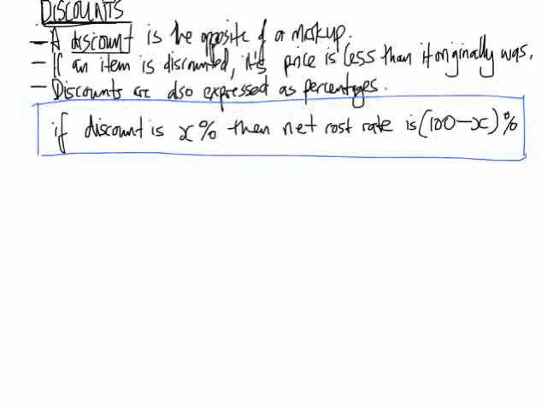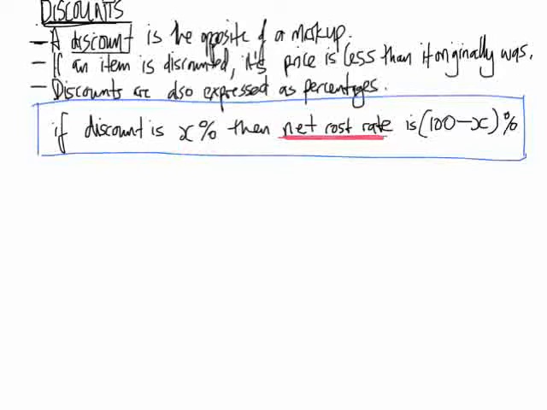And so we have this idea of the net cost rate. Now, you could just work out how much the discount was, because you know what percent of the original price it is, and then subtract it. But it's actually easier if a discount is expressed as a percentage, then the net cost rate, this new idea, is 100 take that discount percentage.